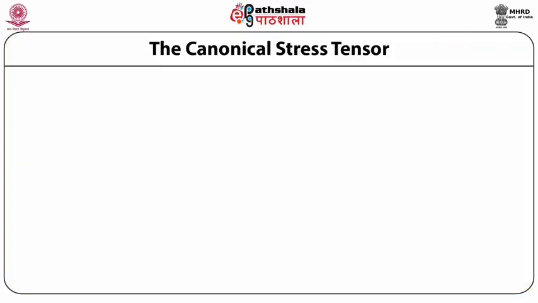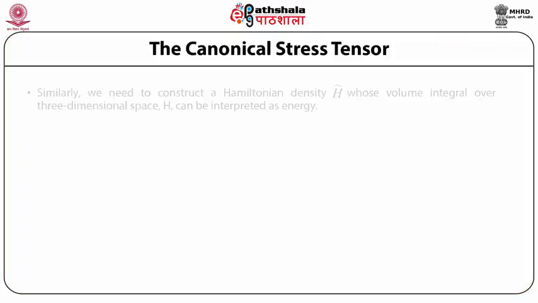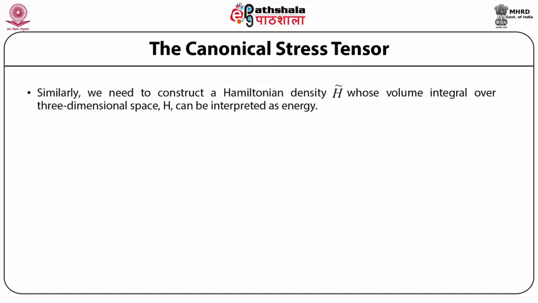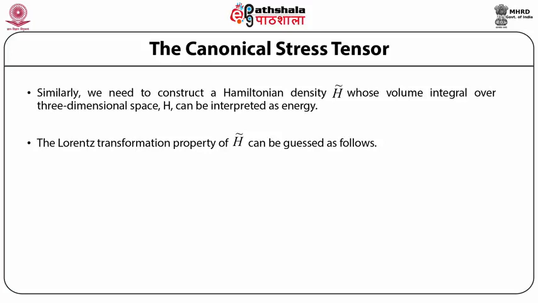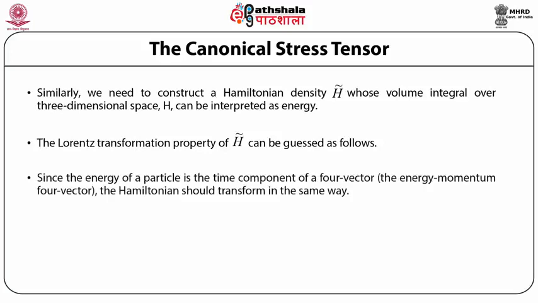So students, let us see the canonical stress tensor. Similarly, we need to construct a Hamiltonian density script H whose volume integral over three-dimensional space, H, can be interpreted as energy. The Lorentz transformation property of script H can be guessed as follows. Since the energy of a particle is the time component of a 4-vector, the Hamiltonian should transform in the same way.